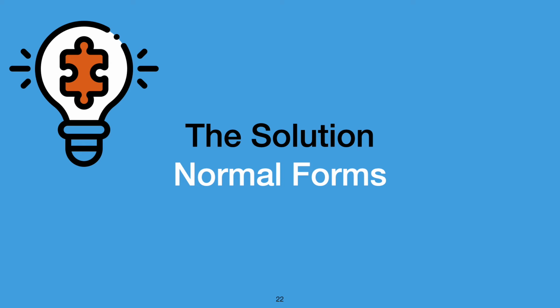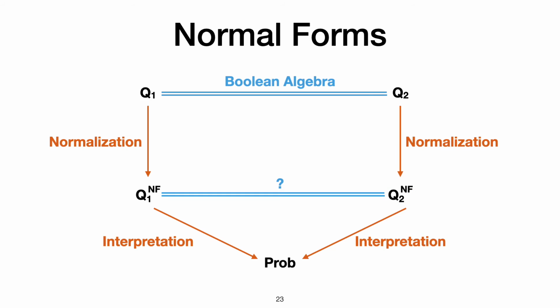So how can we make it possible to interpret queries using a probability distribution? The solution lies in normal forms. If we have two queries, Q1 and Q2, that are equivalent according to the Boolean algebra laws, we can normalize both queries so that they remain equivalent under different laws.